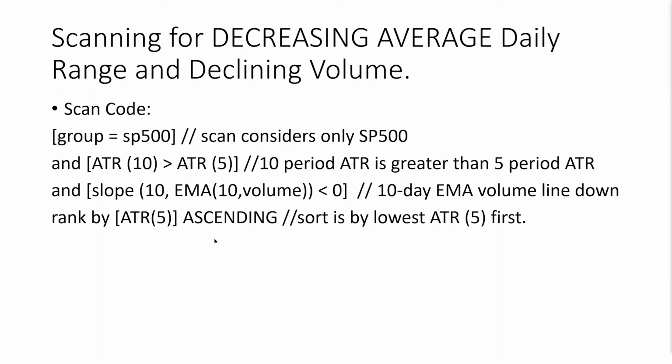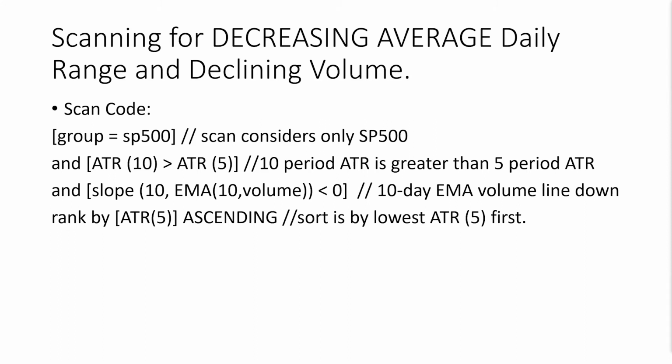If you don't have the word ascending after your rank by, it goes from largest to smallest. So where does our concept come in of decreasing range? Well, we have a 10-period ATR is greater than its 5-period counterpart. So from the day you run the scan, 5 periods back, that ATR value is smaller than its 10-period big brother.